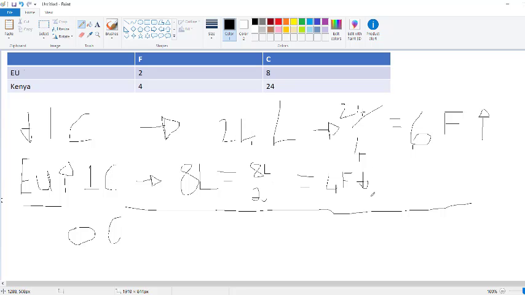In terms of food, what has happened? 6 food are extra produced by Kenya, but in terms of the EU, to produce that one extra chemical, they had to give up 4 food. So in total, there are 2 extra food now produced.